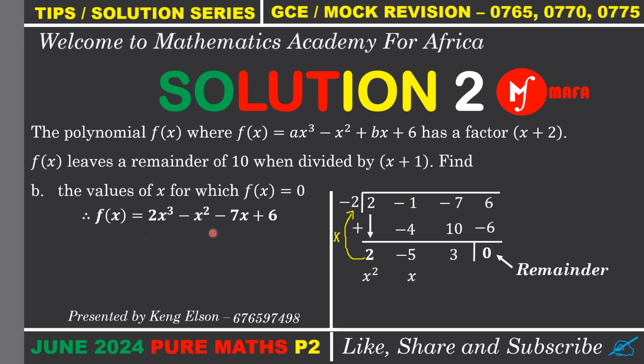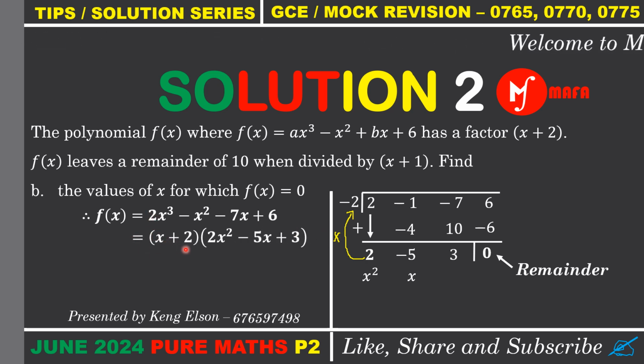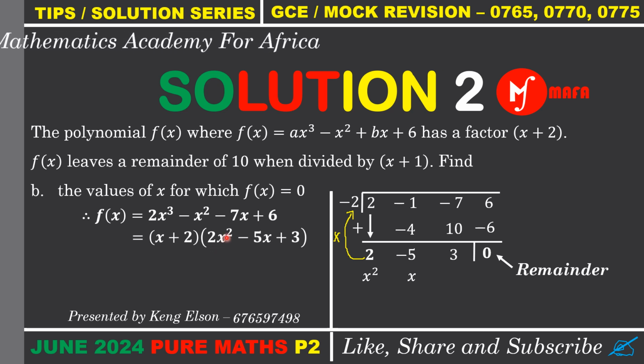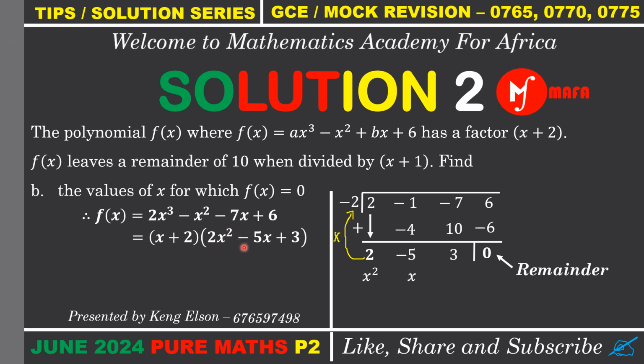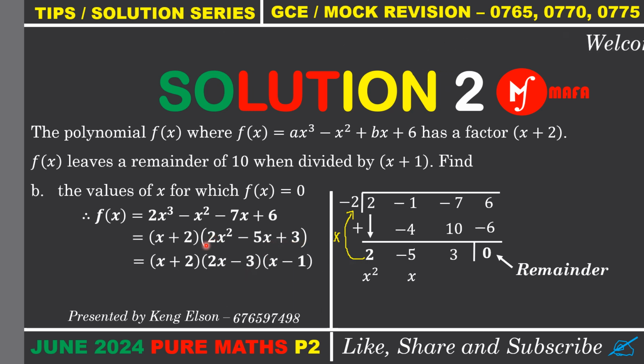So my f of x will be equal to x plus 2, which is the first factor, and the next factor is now the quotient, which is 2x squared minus 5x plus 3. Now we can factorize 2x squared minus 5x plus 3.